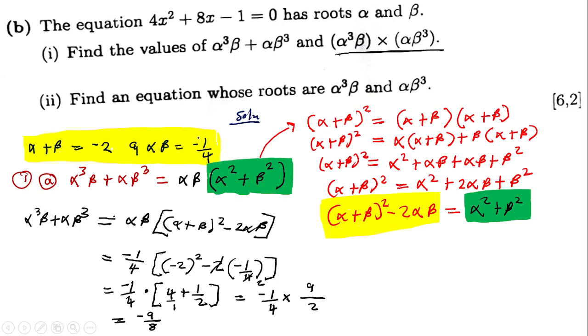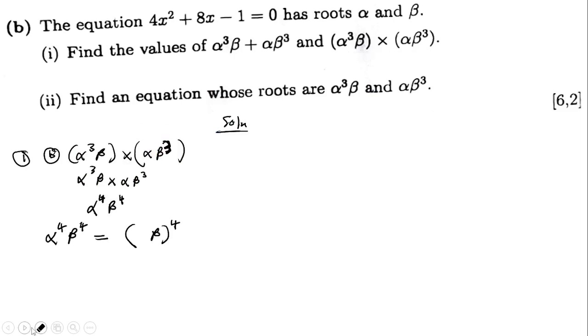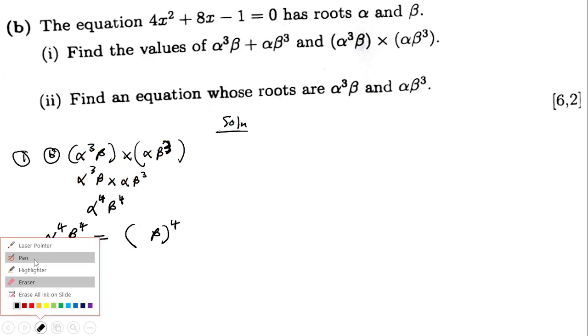So where there is alpha beta, we are going to replace it with negative 1/4 because we already have it. So let's quickly work on it and see how best we can go about it.